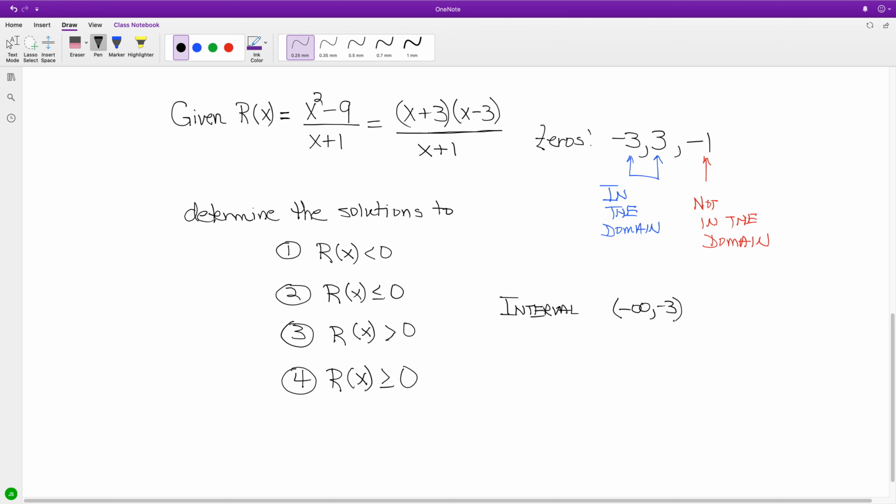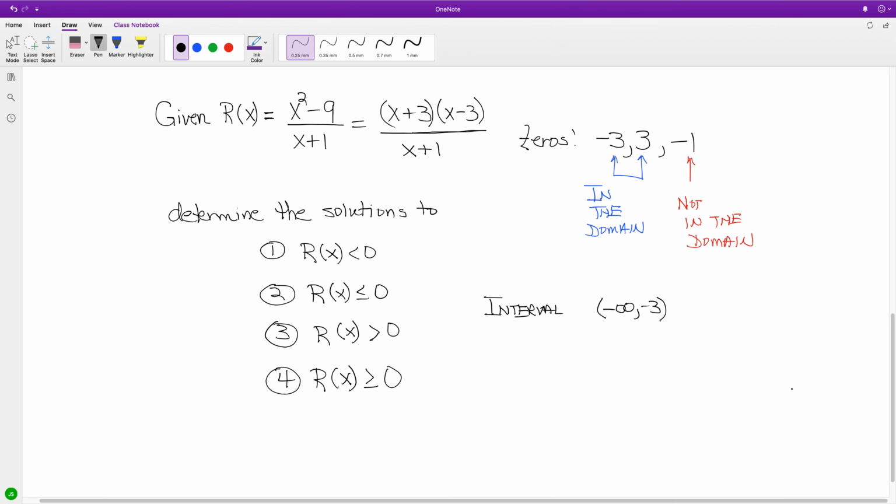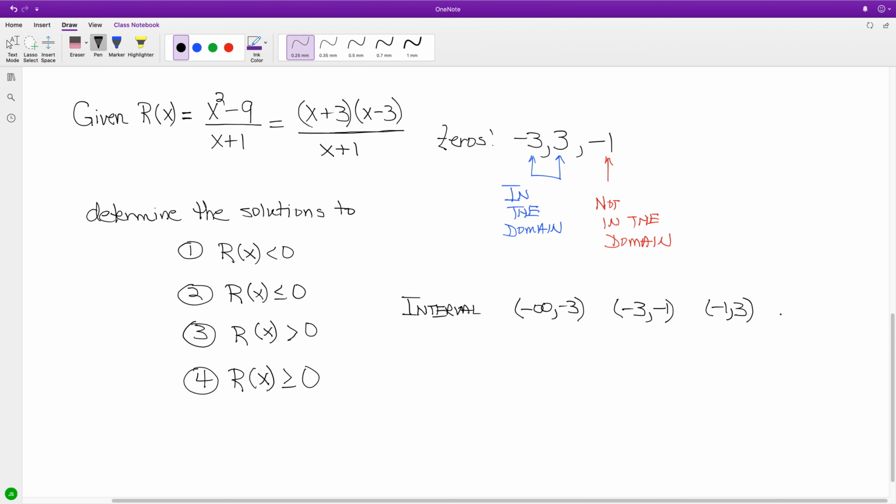Next, going past negative 3, approaching negative 1. Then going past negative 1, approaching the third and highest of the zeros, positive 3. And completing, we have the set of those values x that are higher than 3.